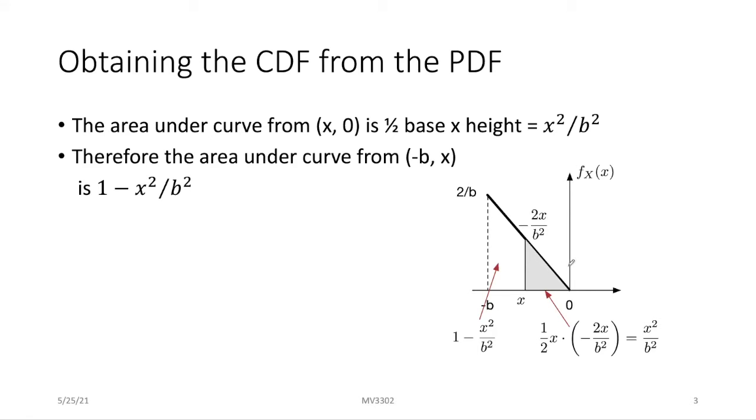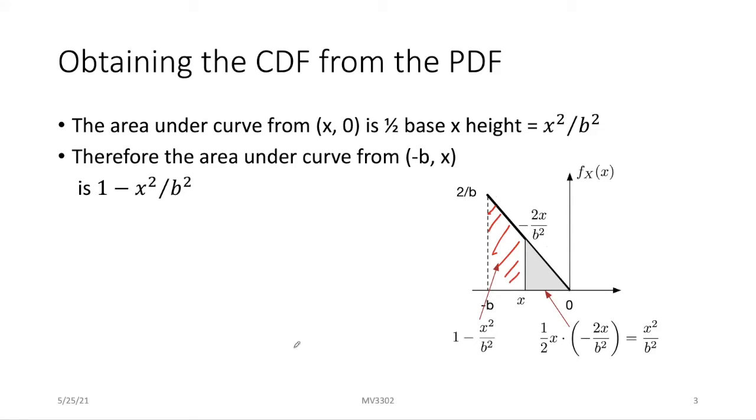But for simple functions like this, we don't have to go all the way to calculus. We can just go to basic geometry. In other words, the area under the curve for some x that's between minus b and 0. Okay, so what we want is this area.